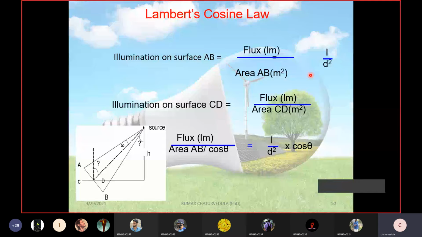So since I by D square is the illumination of AB, in case of CD, where CD is equal to AB by cos theta, we are using that formula here. So illumination at CD is equal to I by D square into cos theta.